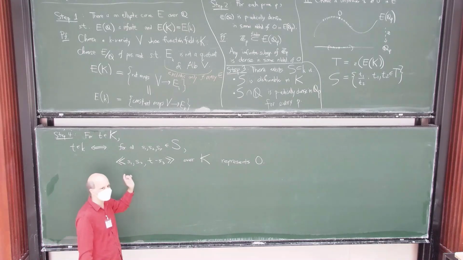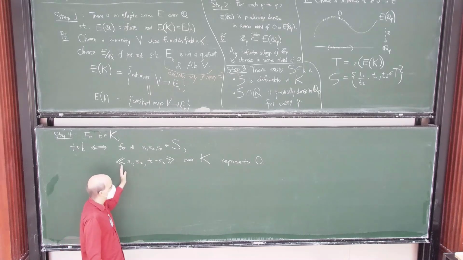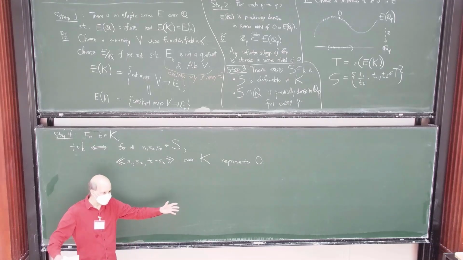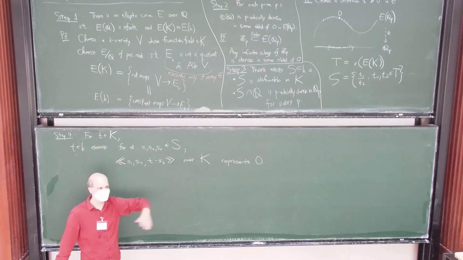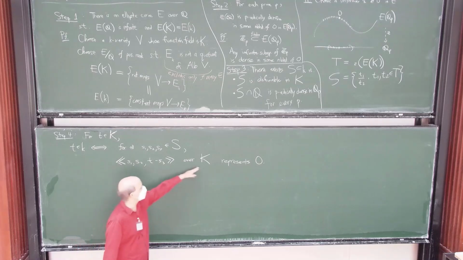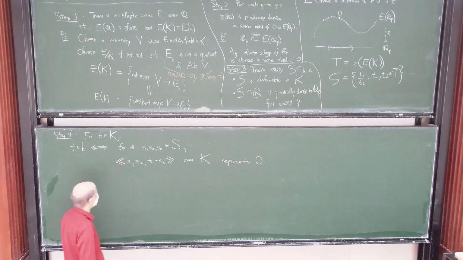And the number field contains square root of -1 by assumption. But if you have a quadratic form in 8 variables, even if it just had 5 variables, it automatically will have a non-trivial 0. That's some real number theory. So if T and these things are all in the number field, then this quadratic form will automatically have a non-trivial 0.